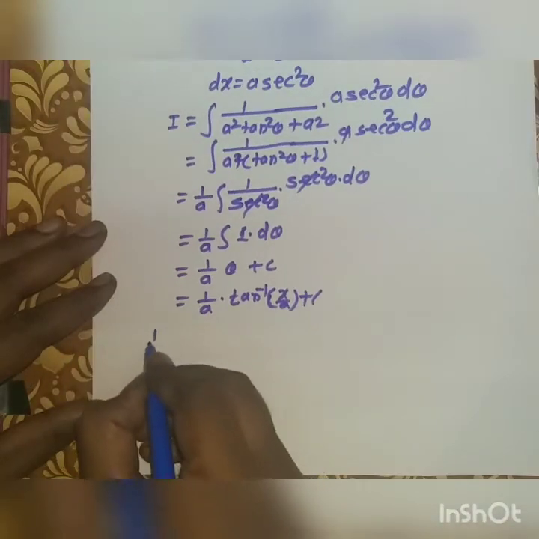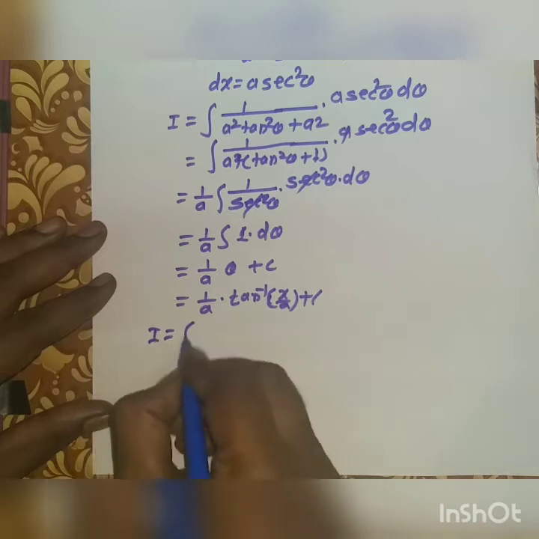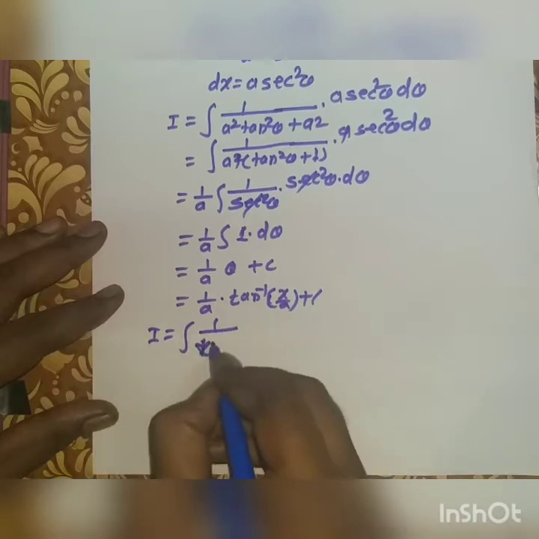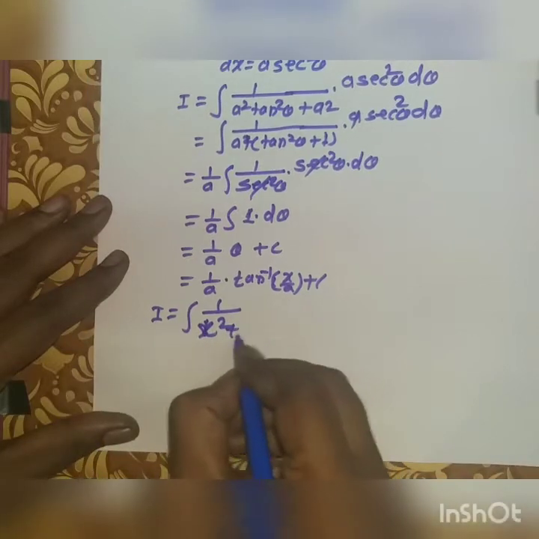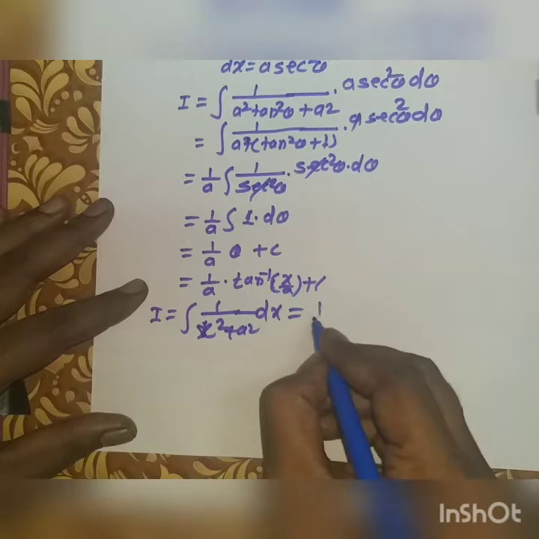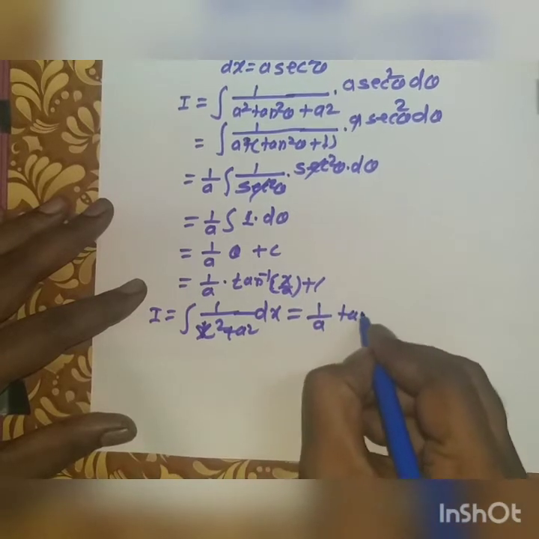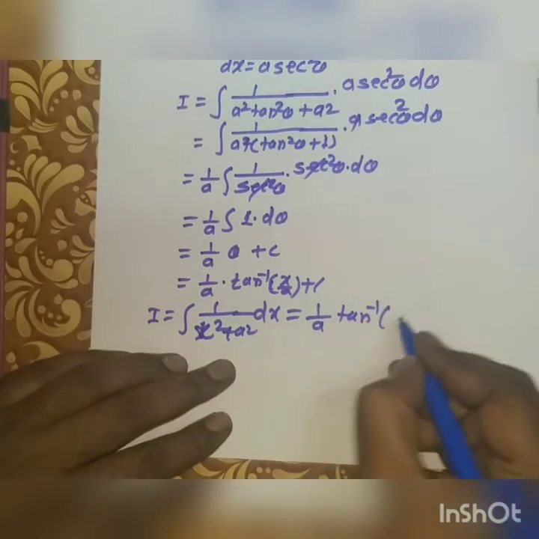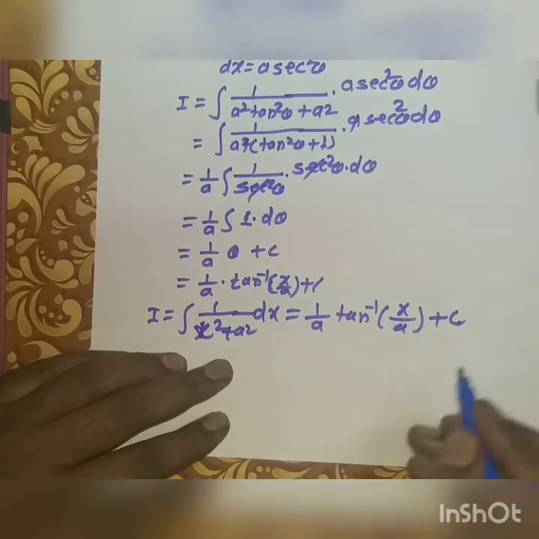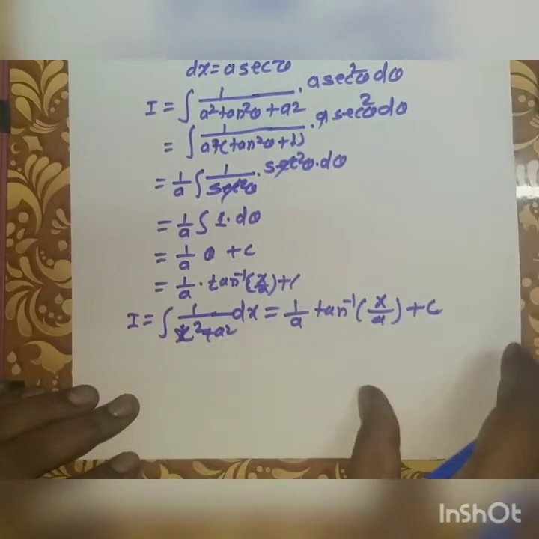That means the required integration I, is equal to the integral of 1 divided by x square plus a square dx, its value is 1 by a into tan inverse of x divided by a plus constant c, which is the first proof.